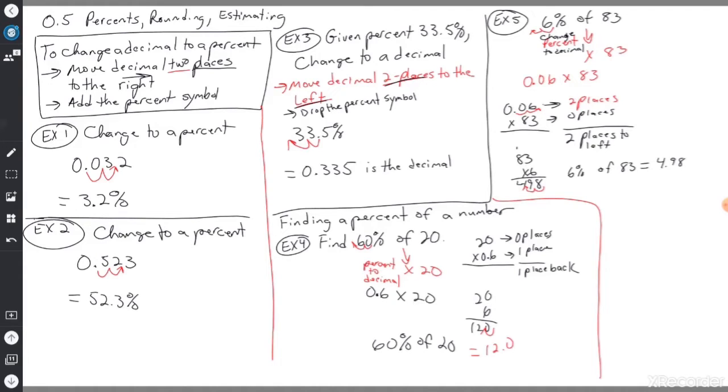So that's how I would write out the answer? Yes, the final answer is 4.98. So does that make sense? Yep. Okay, good.